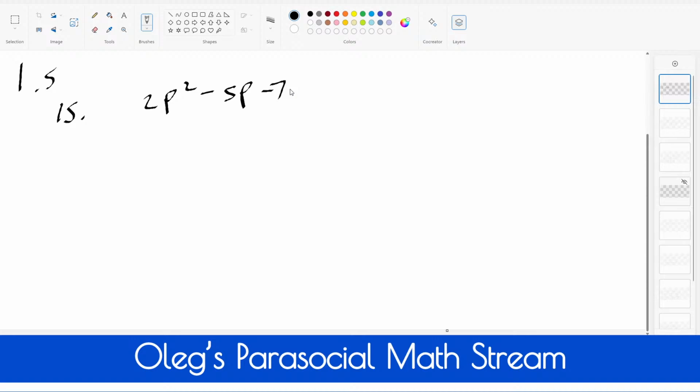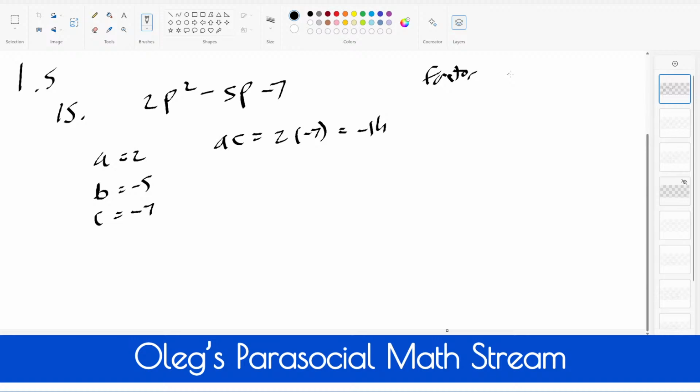We have 2p squared minus 5p minus 7. So we have a equal to 2, b equal to negative 5, c equal to negative 7. What is ac? That's 2 times negative 7, which is negative 14. Then we factor ac into p and q, such that p plus q is equal to b.